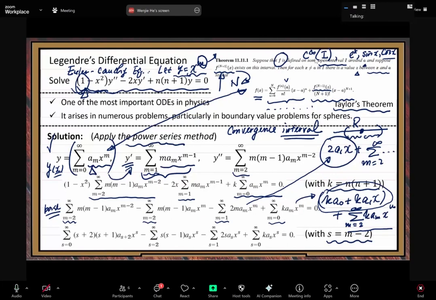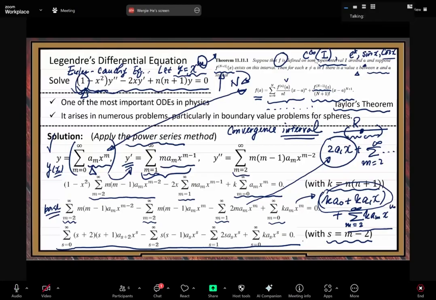So here, when you work on this equation, both sides you compare term by term. First, look at the x^0 term. Both sides, the x^0 term must be the same, right? The right hand side is always 0. So on the left hand side, s equals 0.